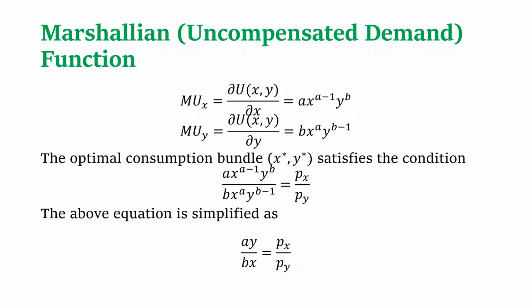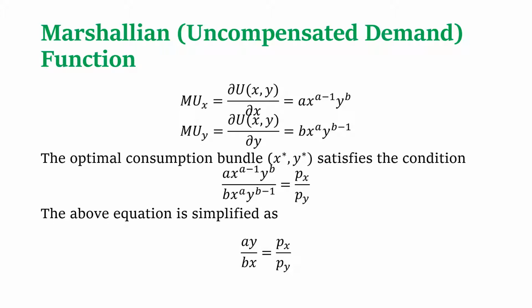Now we do the same thing for good y. The marginal utility of good y is obtained as b x^a y^(b-1). Notice here that we have x to the a again, because x to the a will not change, as it is fixed. We are obtaining the derivative of the utility with respect to y, so it is only y that changes.